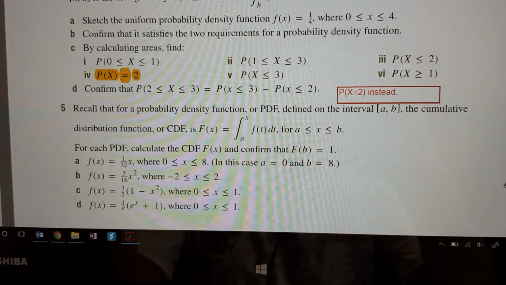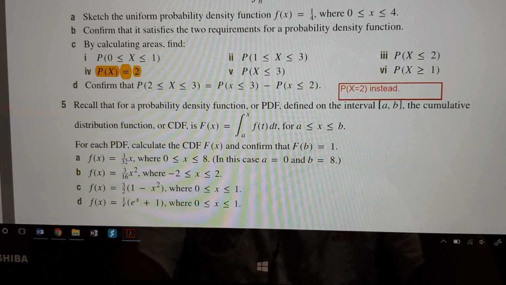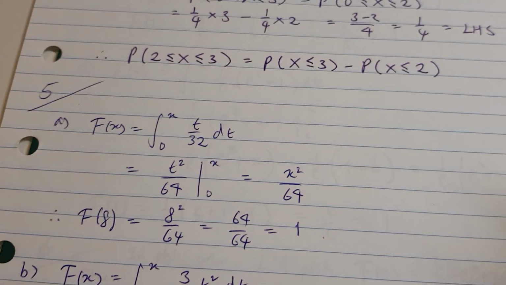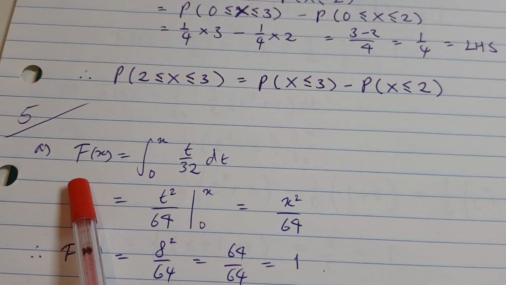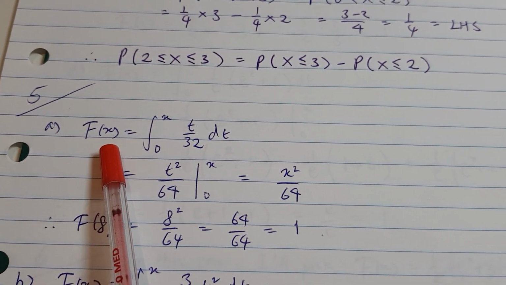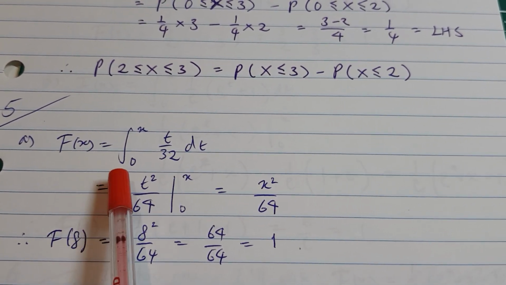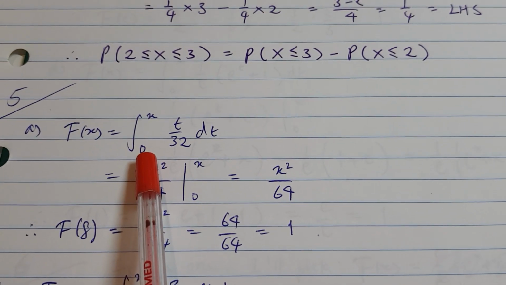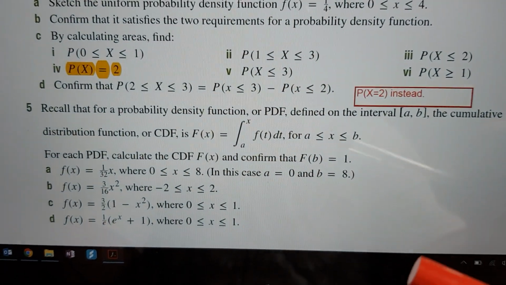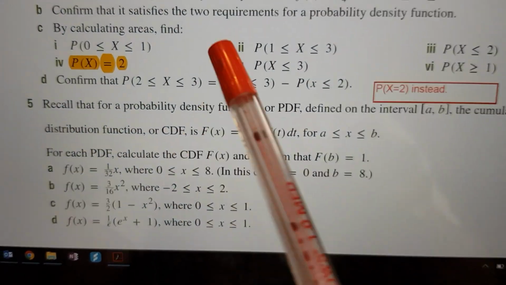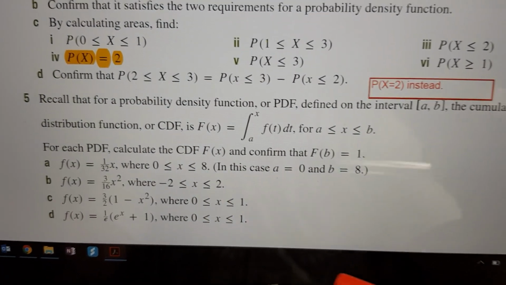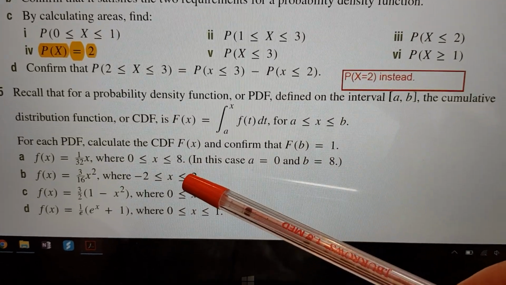So in each of those 4 different cases, you have different a's and different b's. All right, so first question, that's the CDF, the cumulative distribution function. It starts from 0, because the domain is from x equals 0 to 8. So that's why you start from 0.